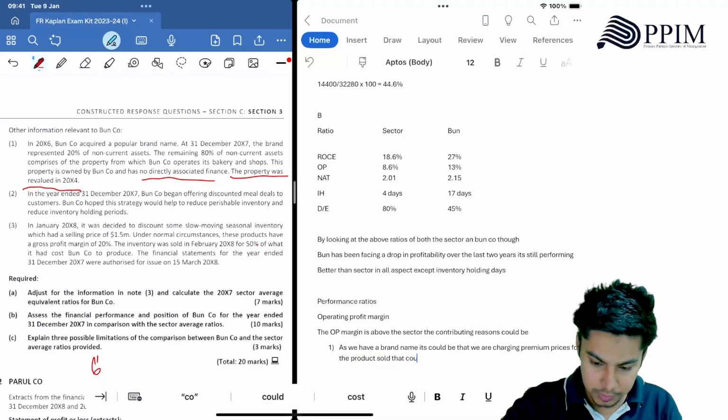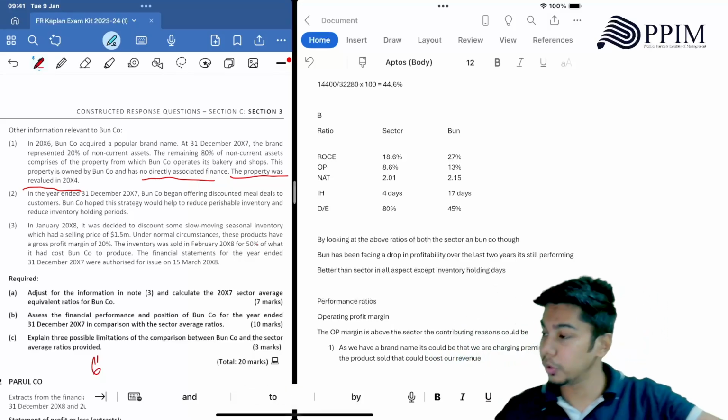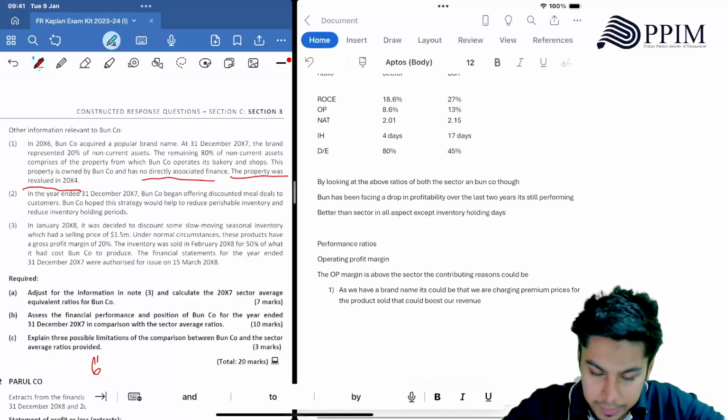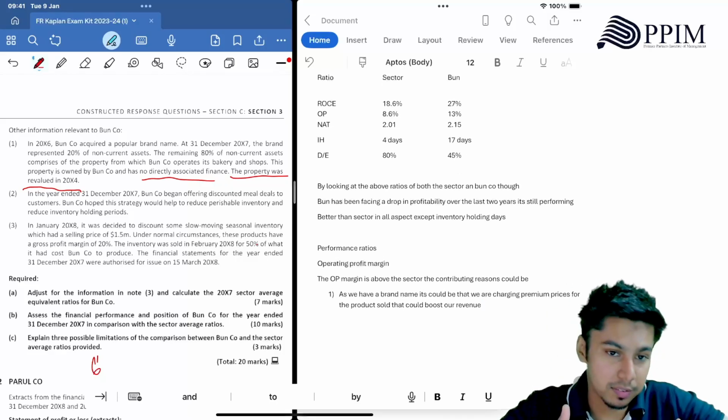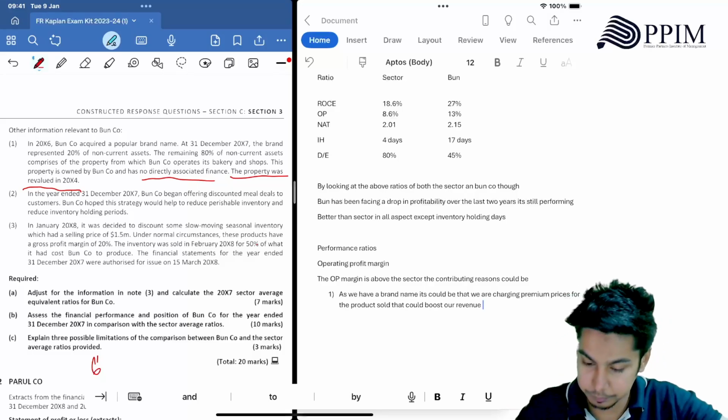That could boost our revenue. So you know now guys, branded products you can always sell for a high price. High price means you have a high margin over there. That's the first thing.